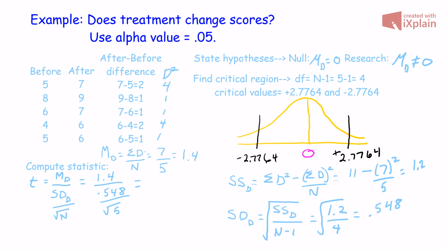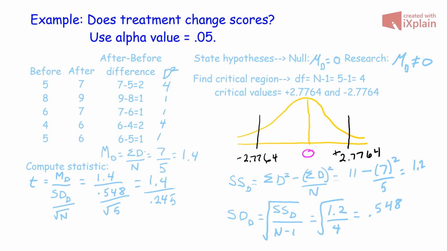Again, the mean difference was 1.4. We got that from finding the average of these difference scores. The standard deviation of the difference scores goes right there. And we got that from all of this stuff over here. And n, we of course know because we have 5 pairs of scores.